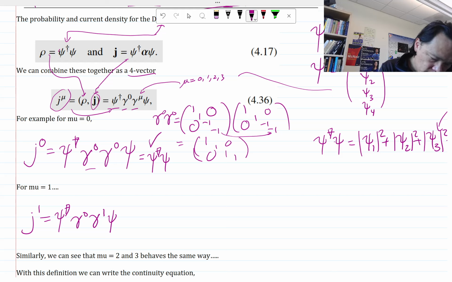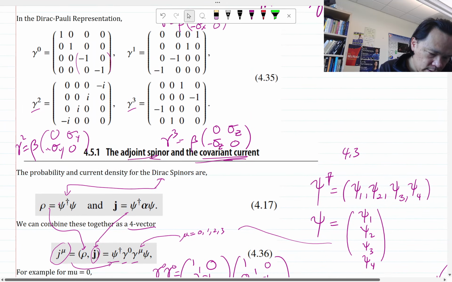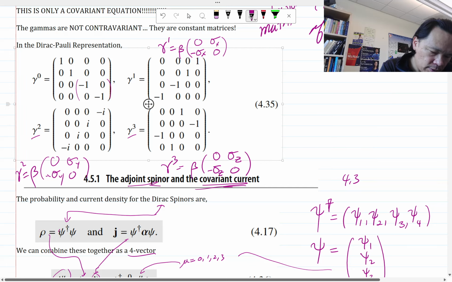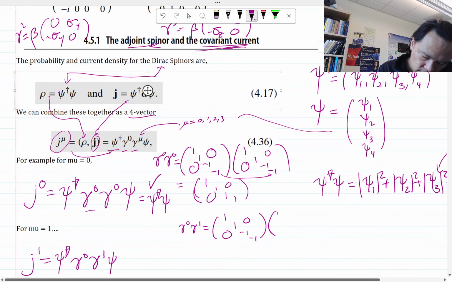So we also have to deal with gamma 0, which is 1, 1, -1, -1 on the diagonal. And then gamma 1 is the Pauli matrix sigma in the x component, but in the off-diagonal blocks instead. So a bunch of zeros here, 1, 1, -1, -1.